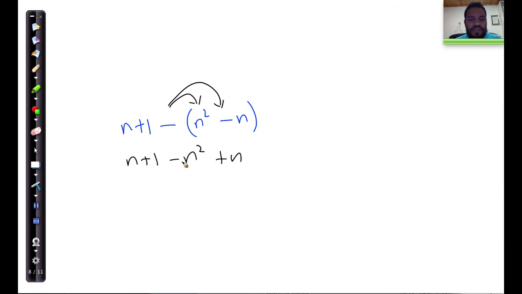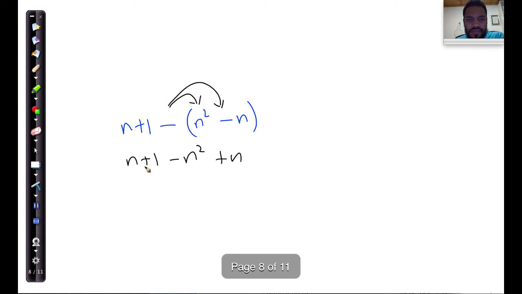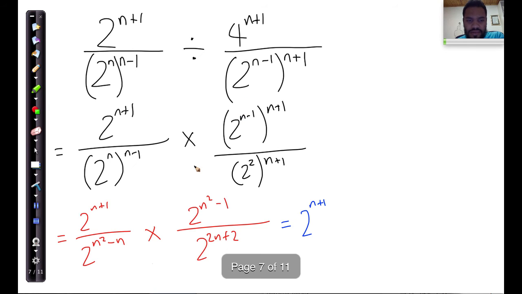Okay, and that's a very important thing to note over there. So that's going to be n plus 1, n plus n is going to give me 2n, 2 to the power of 2n, and plus 1 minus n squared. So that first fraction has been simplified.